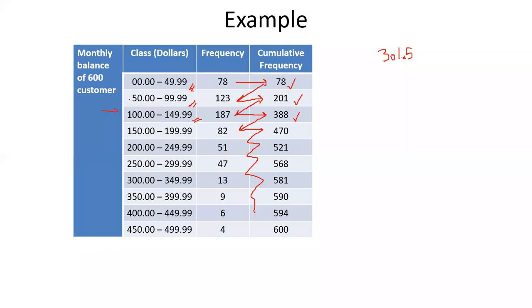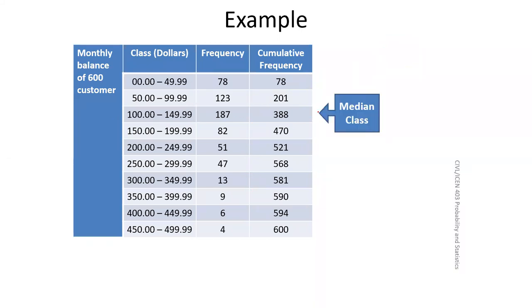If we look at the previous class, there are only 201 items in it, so items 202 to 388 are here. So 301 should lie here. That's how we find the median class. We look in the cumulative frequency, and this is my median class. So let's write this as the median class.